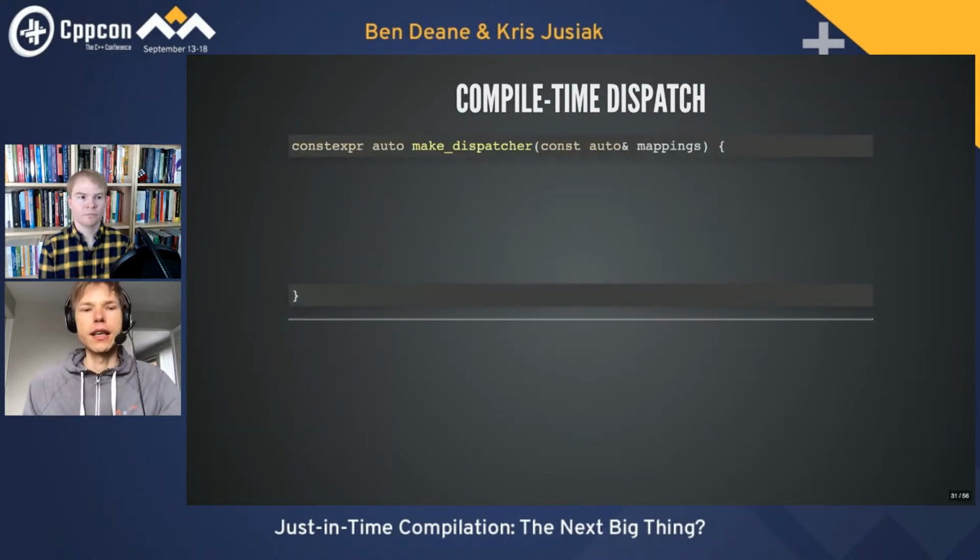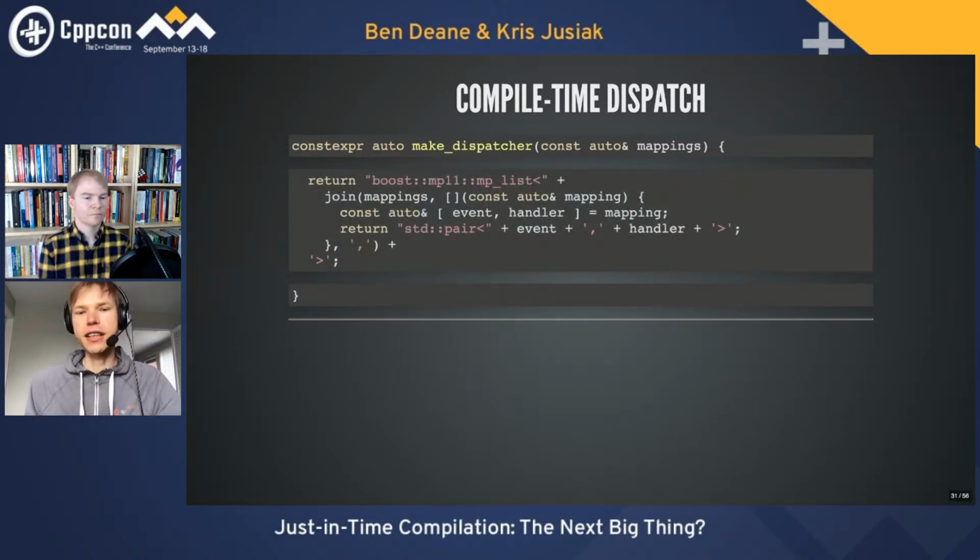So if we have this mapping, we can create a dispatcher, and we can actually create a compile time dispatcher here. If you're familiar with Boost MP11, you'll probably be happy to see that. If you're not, I really encourage you to look, because it's a great library and it gives us a lot of performance out of the box. So you can imagine here that we produce a compile time map from the runtime map.